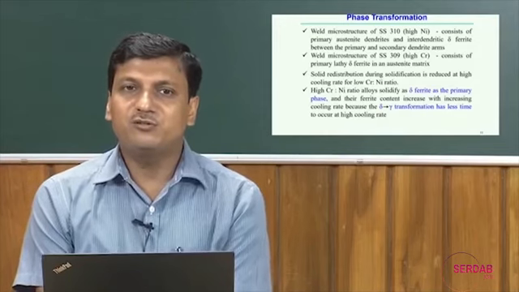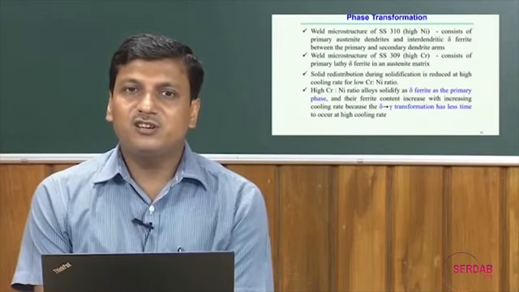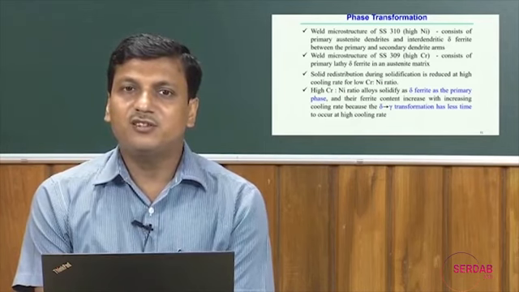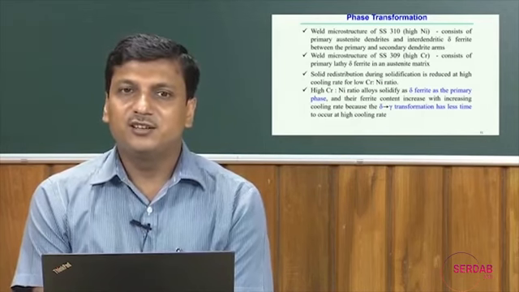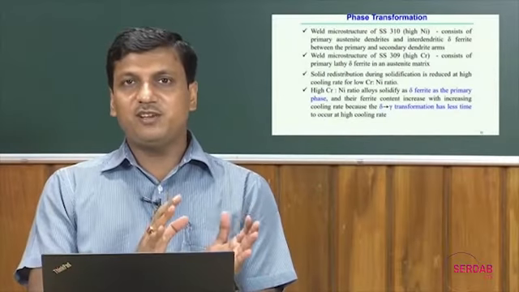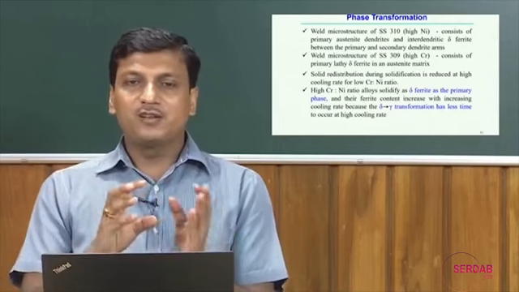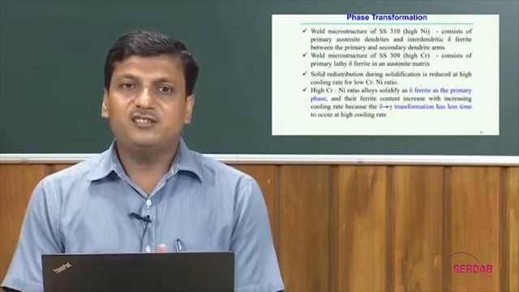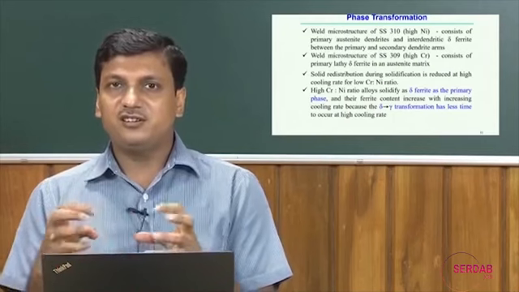For example, first let us look at stainless steel SS310, where the nickel content is normally high. The final microstructure consists of different phases: primary austenite dendrites and interdendritic delta ferrite between the primary and secondary dendritic arms. So the delta ferrite structure is also there along with the austenitic phase, but the delta ferrite mainly exists in the primary and secondary dendritic arms.